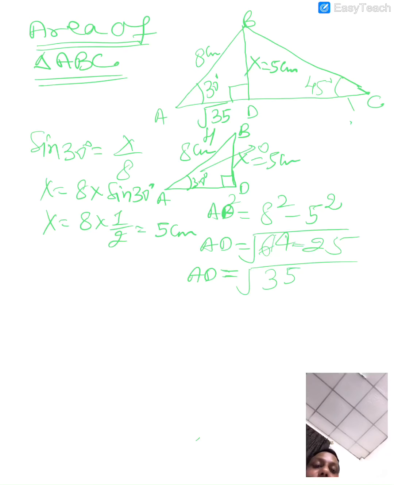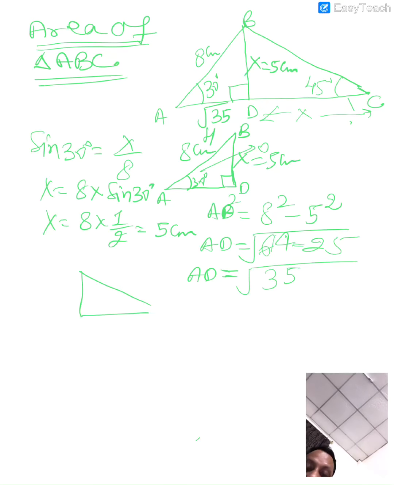Now once you know this is 5, and this is 45 degrees, I can find the value of DC also. To get DC, I'm making another triangle, splitting into the second part. Here you have 45 degrees and 5 centimeters. This is a right angle triangle because BD is perpendicular on the base AC. So 45, and my main target is to calculate this x.